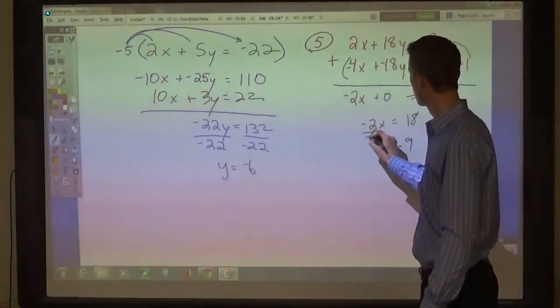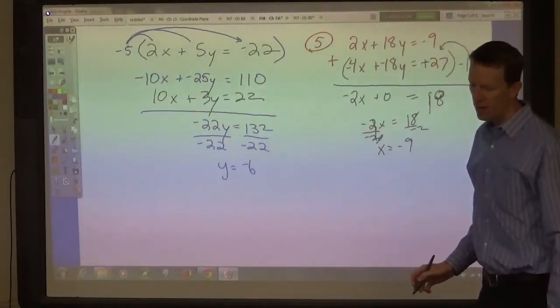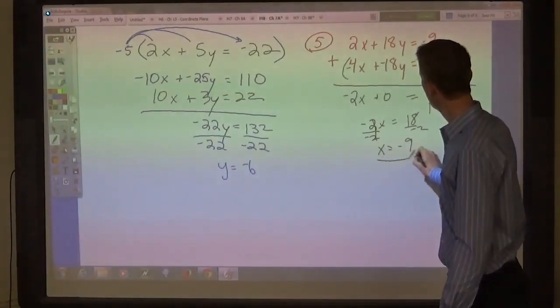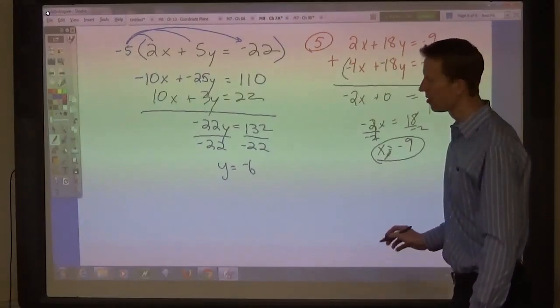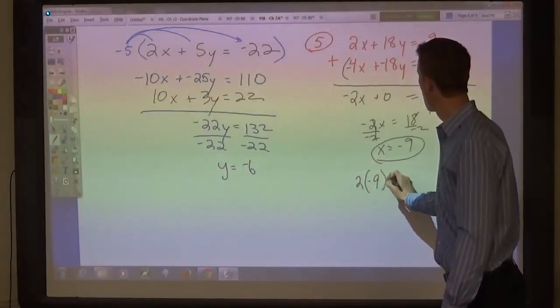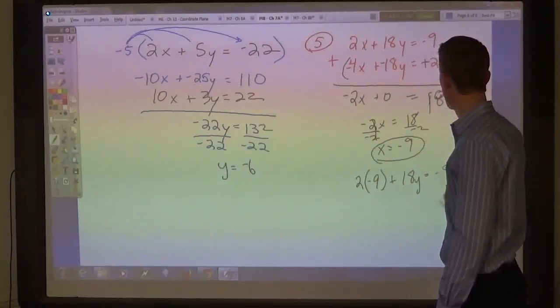And then we solve for y. So we put this in for x. Let's use the top one, it's smaller numbers. So 2 times negative 9 plus 18y equals negative 9.